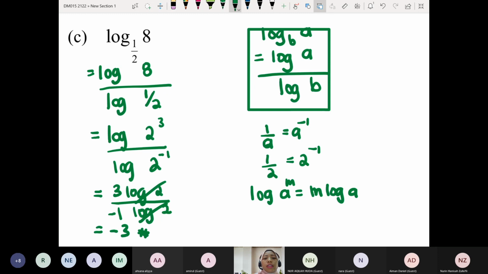Okay, try pressing the calculator, check log 8 divided by log 1 over 2, or log 8 base 1 over 2. Do you get negative 3? Yes. Okay, so that's what you do.